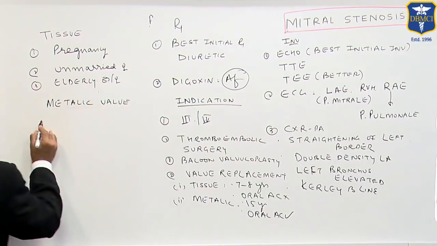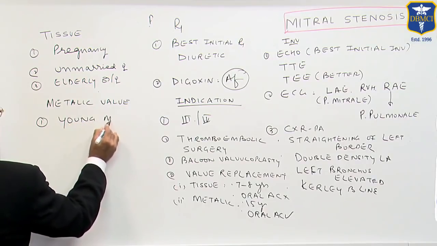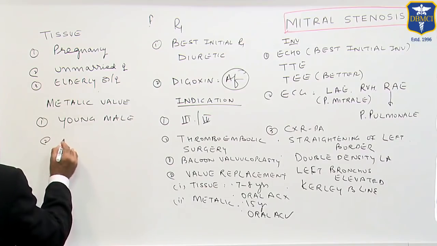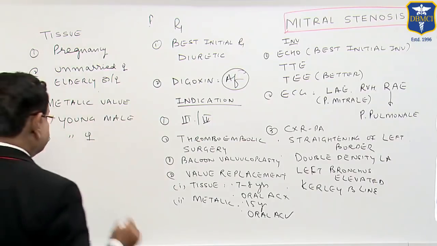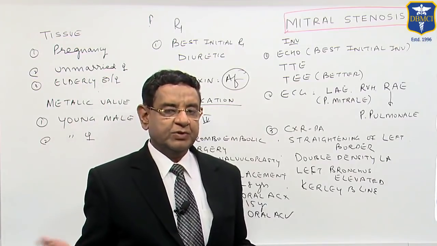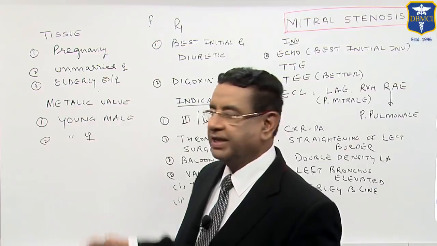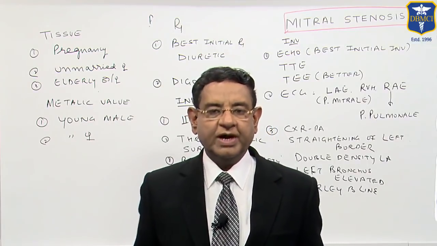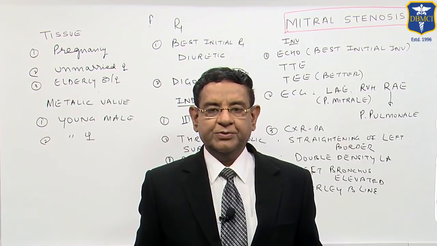We use it in young males of all ages, and in young ladies where the family is completed. In that case you can plan for a metallic valve, but be cautious that we have to give lifelong oral anticoagulant. Thank you very much.